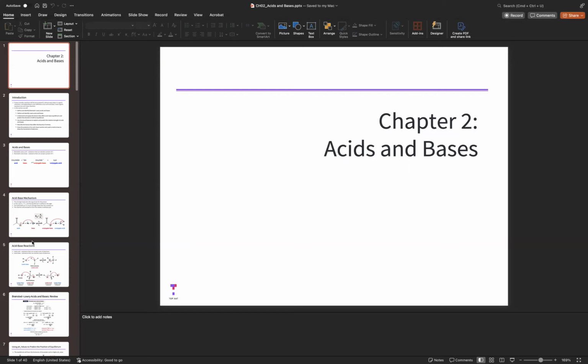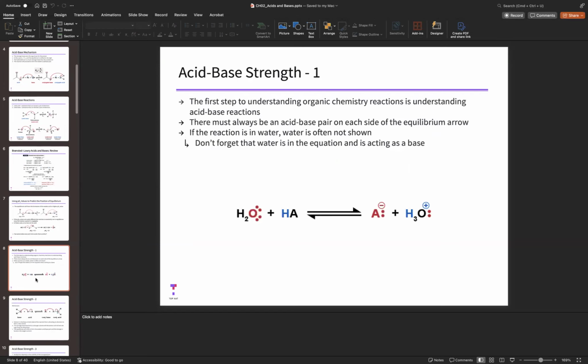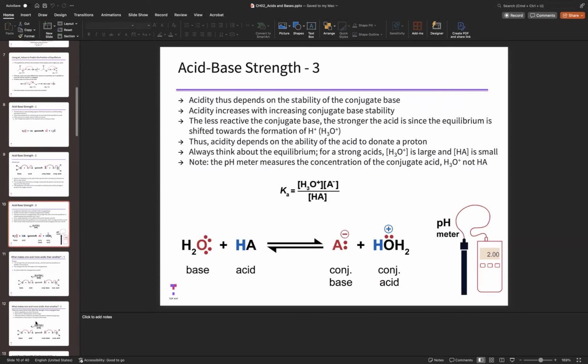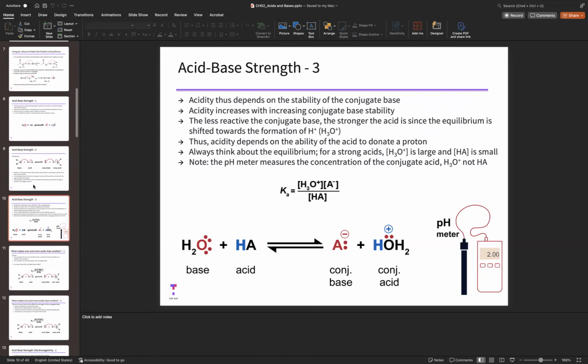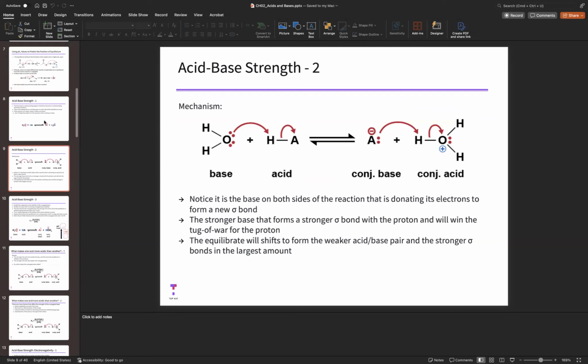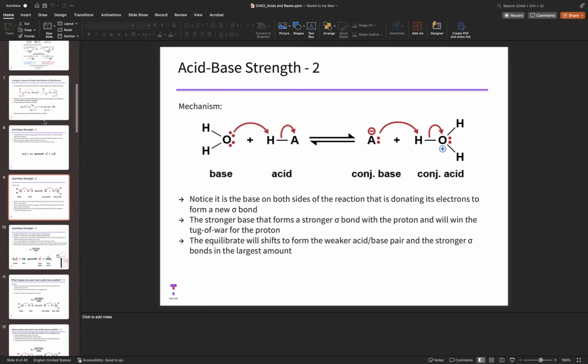All right. Okay. So last time we were looking at acid-base reactions between Bronsted and Lowry acid and base reaction.